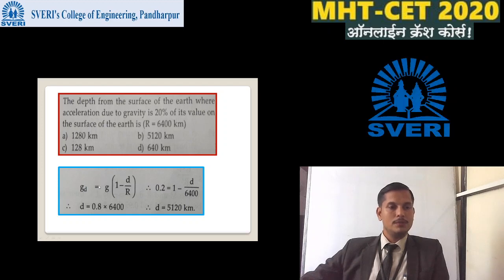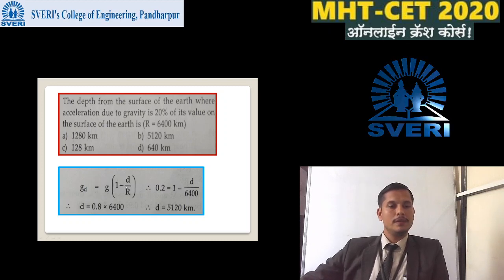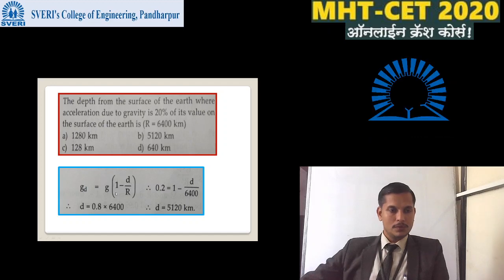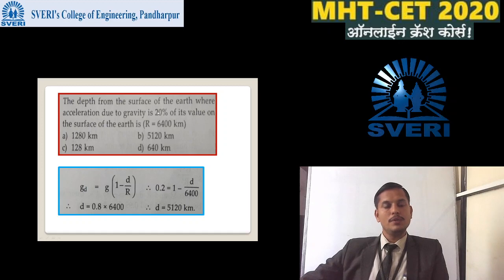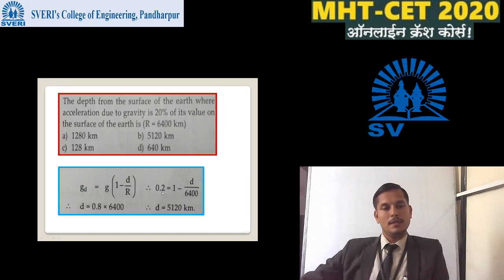We have seen this equation, that is acceleration due to gravity for depth, that is gd is equal to g into 1 minus d upon R. The value of gd is given as 20%. 20% of 100% means 0.2, which is equal to 1 minus d divided by 6400.